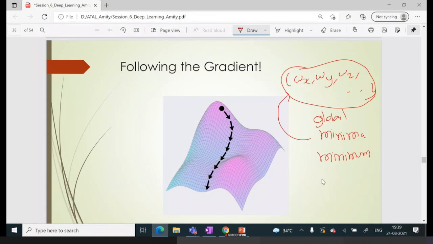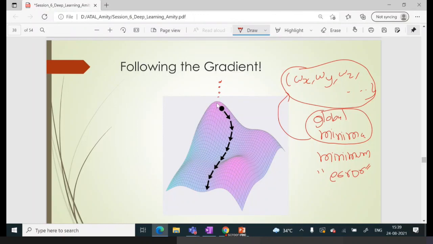So now, how to reach this kind of location where the global minima is present? That is the question. The idea is very simple: follow the gradient. Let me consider this particular example. I am dropping water on this particular surface.